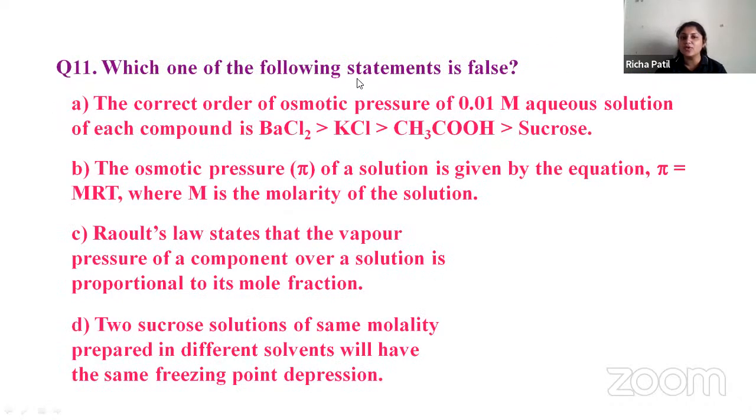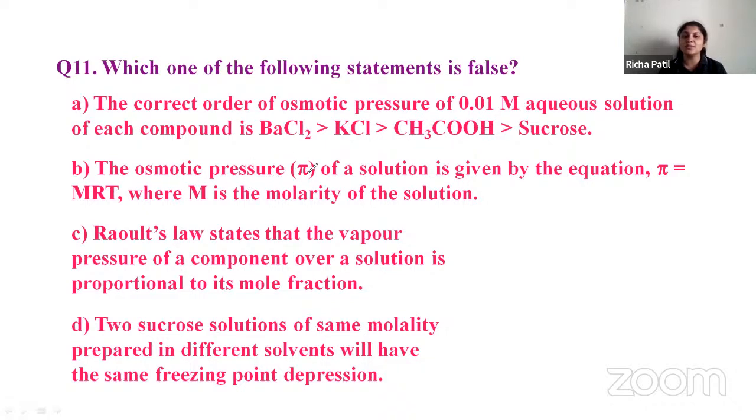Next, which one of the following statements is false? The correct order of osmotic pressure of 0.01 molar aqueous solution of each compound is BaCl2 greater than KCl greater than CH3COOH, acetic acid, greater than sucrose.